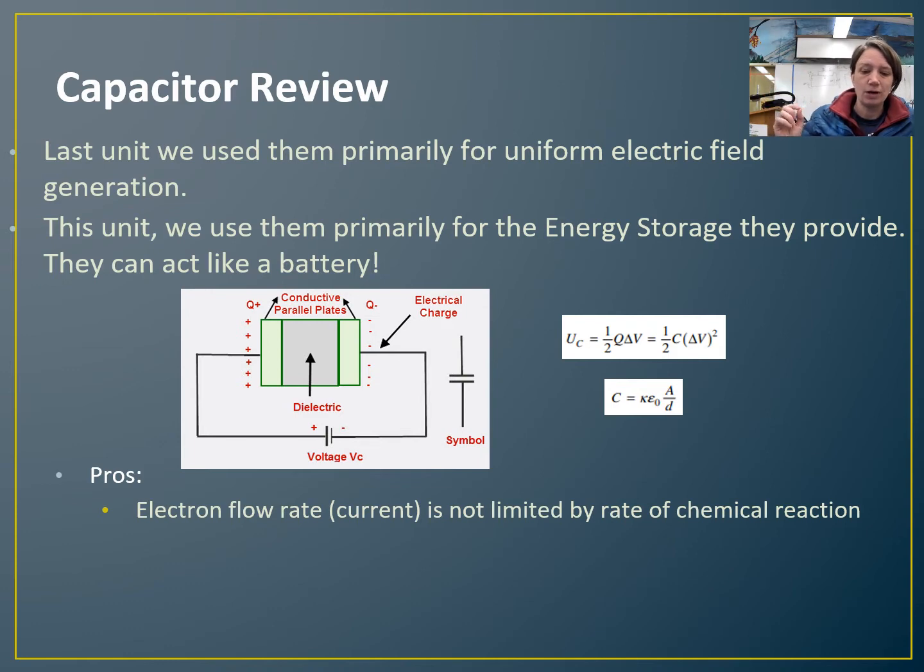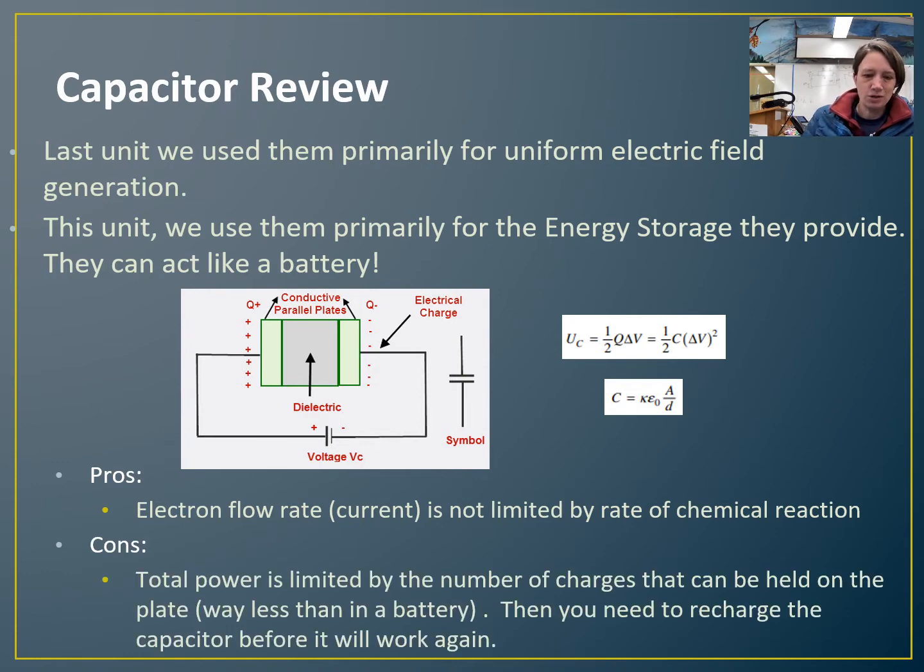But in a real battery, the chemical reactions have to occur for the electrons to move from one side to the other, and that actually slows it down. Unlike that, in capacitors, all the electrons are already on the plate. They're already ready. They don't need to get pumped from one side to the other. So we can actually dump all of those electrons really, really quickly. So for some very high current applications, capacitors are great, like flash bulbs on cameras, etc.